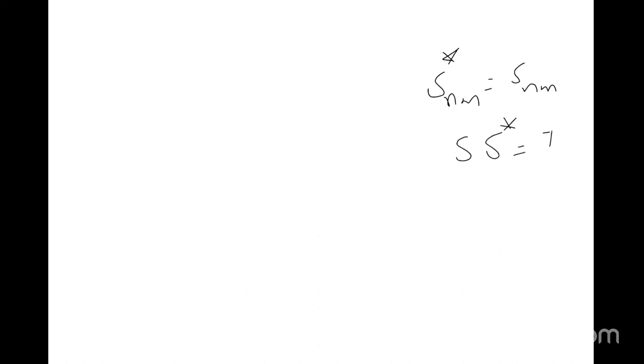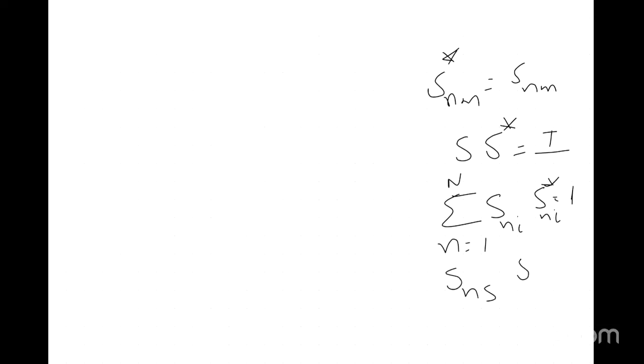Next, for the lossless junction, the sum over n equals 1 to N of S of ni times S star of ni is equal to 1. Another one: S of ns times S star of nr is 0, where S is not equal to R. All these conditions are the properties of the S matrix.